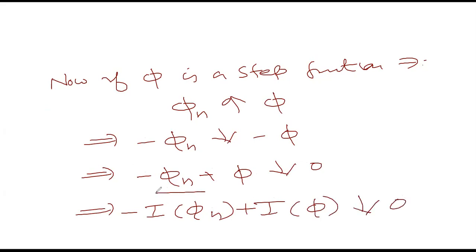So whenever we have a sequence of step functions which decreases to 0, then the integral will also decrease to 0. So this will give minus the integral of phi n decreases to minus the integral of phi.